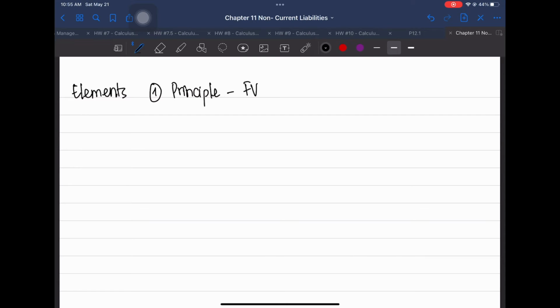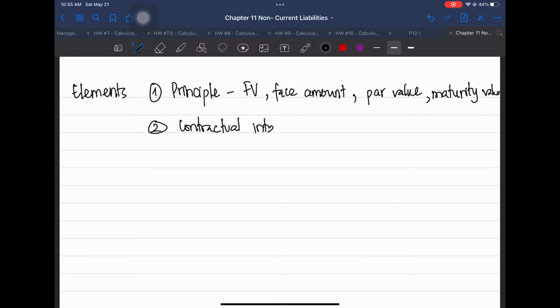And there are 4 elements of a bond. These include the principal, which is also called face value, face amount, par value, or maturity value. Second is the contractual interest rate, also called the stated rate or nominal rate, and it's usually expressed on an annual basis.